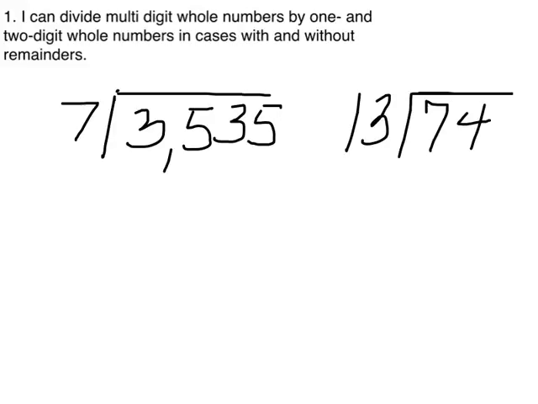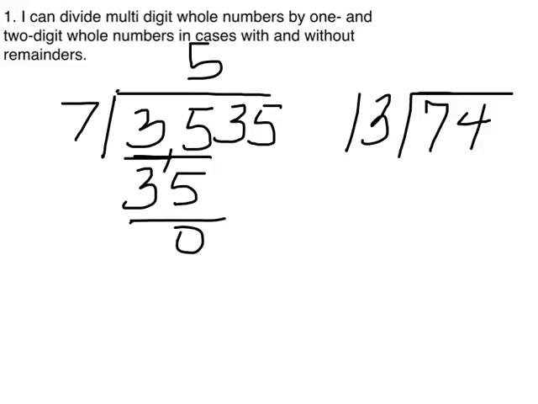I like for the students to underline the digits, so can 7 go into 3? It cannot. 35, 7 can go into there 5 times, and 5 times 7 is 35. So you have a 0. You bring down the next digit, which is a 3, and it's still less than 7. 7 cannot go into 3, so then we bring up a 0, because 7 goes into 3 0 times.